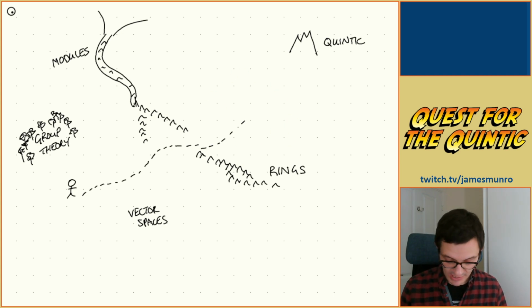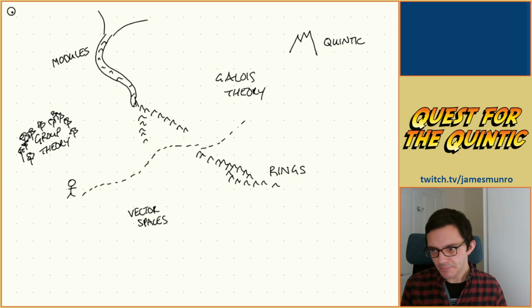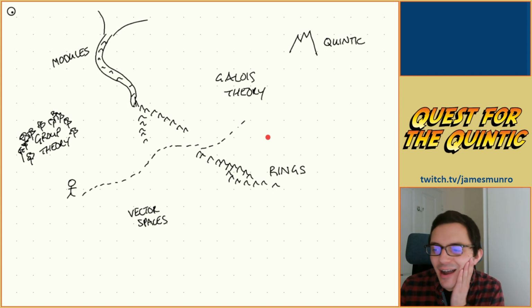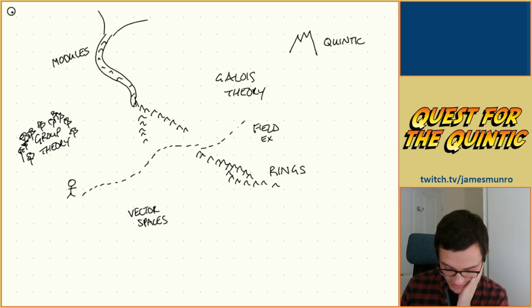Now this space out here is Galois theory, which is some absolutely brilliant theory that I'd really like to understand. Invented by, in the first place, Évariste Galois, who's an extraordinary mathematician. There's loads of stuff in there, and my map's a bit vague at that point, but hiding out there somewhere are things like field extensions that I'll need to understand.